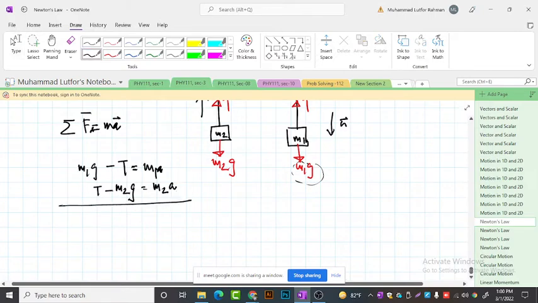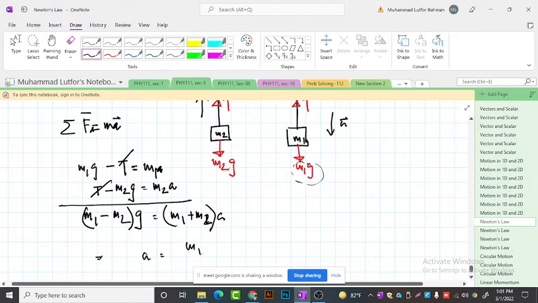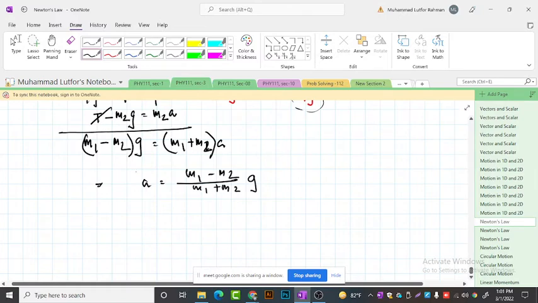Then I add these two equations, and T cancels out. Then I can write (M1 minus M2) times G equals (M1 plus M2) times A, factoring out A on the right side and G on the left side. Then A equals (M1 minus M2) divided by (M1 plus M2), times G. That is the acceleration of this pulley system.